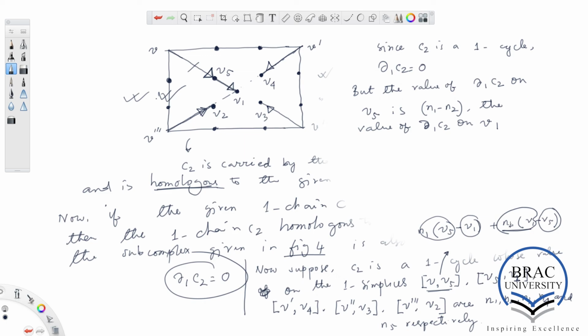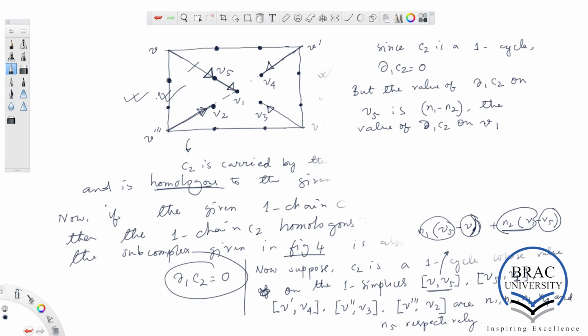Del 1 c2, right? v5 minus v1, v1 minus v5. Sorry, this is v comma v5, so this is not v1, this is v, okay? So where is v1? Okay, so n2 is just v1.